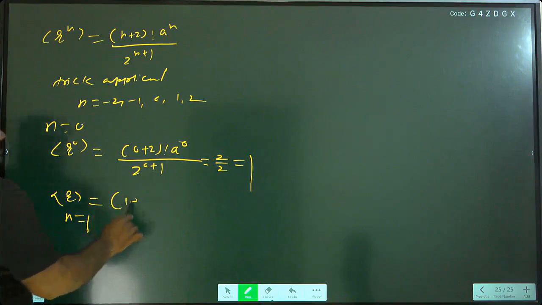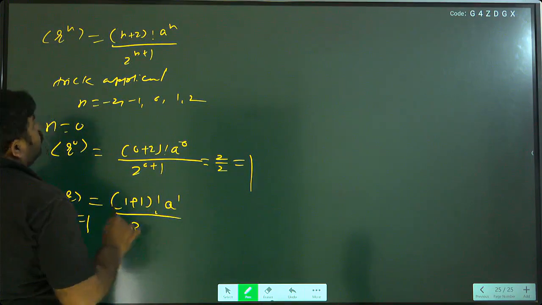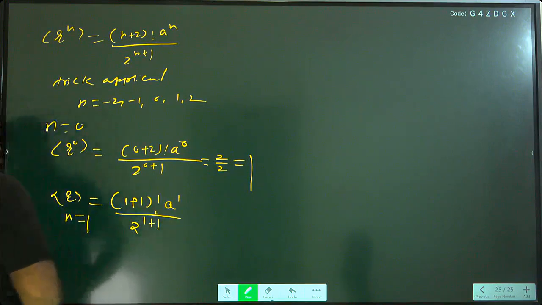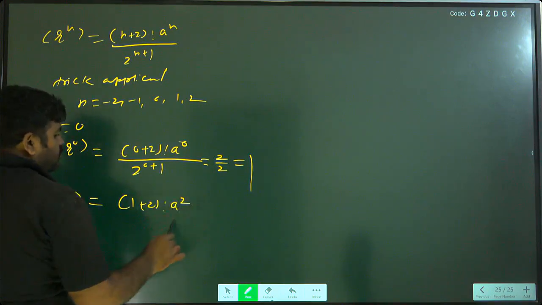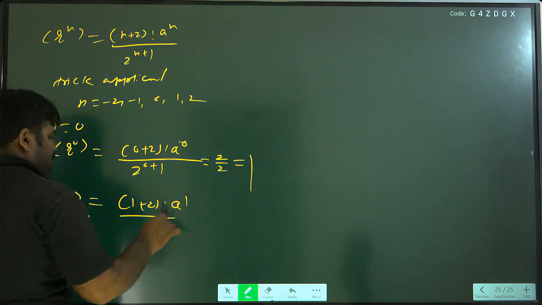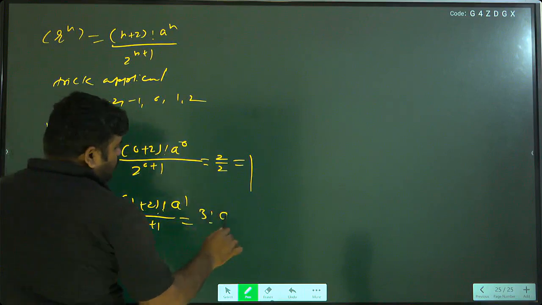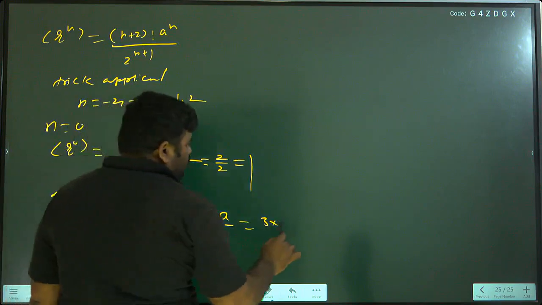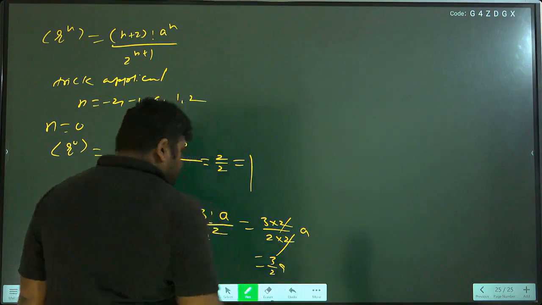Means this is equal to (1 plus 2) factorial a to the power 1 divided by 2 raised to 1 plus 1. 1 plus 2, 3 factorial, a upon 2 to the power 2 is equal to how much? 3 into 2 divided by 2 into 2 into a. 1 a gets cancelled. This is equal to 3 by 2 of a.